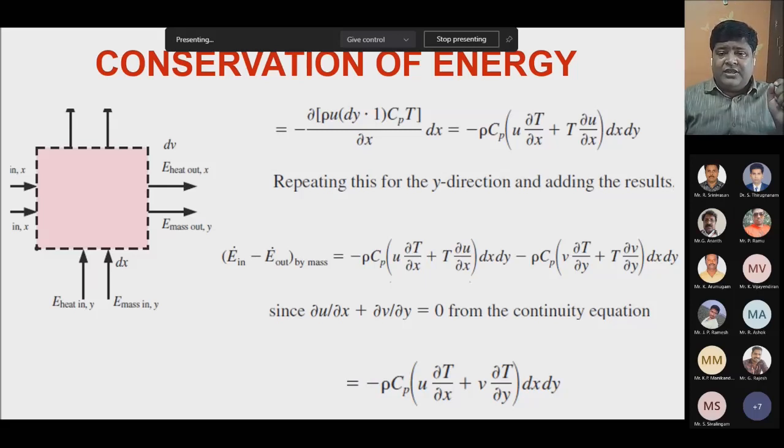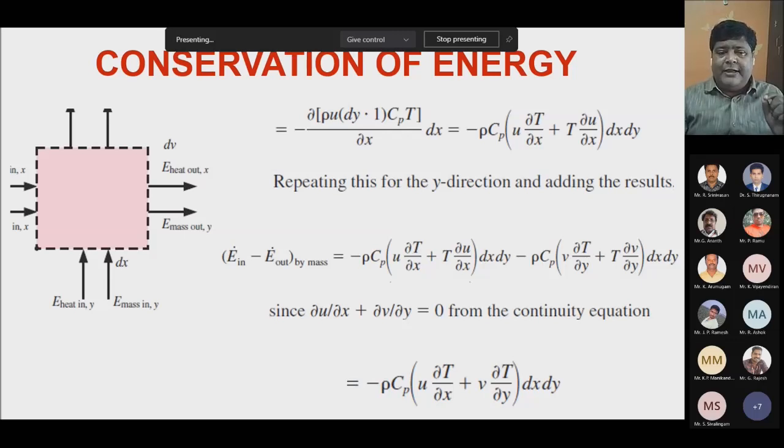It's because of the mass and not because of heat. It's only because of the mass. Because we said that in a control volume, energy can enter because of mass, it can enter in the form of heat, and it can enter in the form of work. But we neglected those and took only mass. When we say mass, it is enthalpy that is entering.